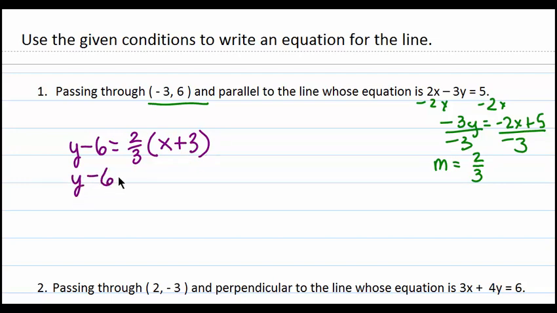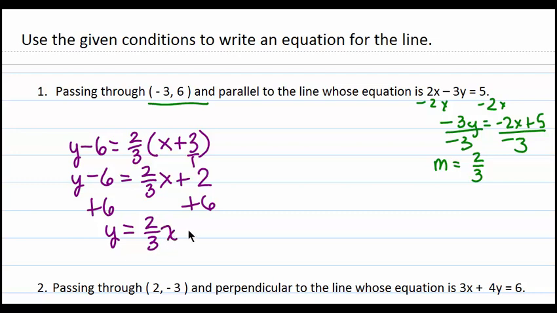I have y minus 6 equals 2/3 x, and then I have 2/3 times 3/1, so my 3's divide out and I get positive 2. Add 6 to both sides. So my equation of my line in slope-intercept form is y equals 2/3 x plus 8.